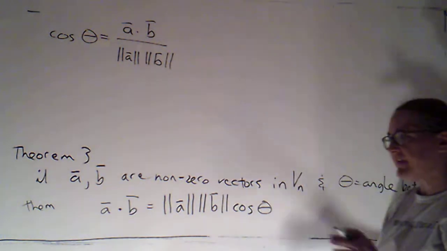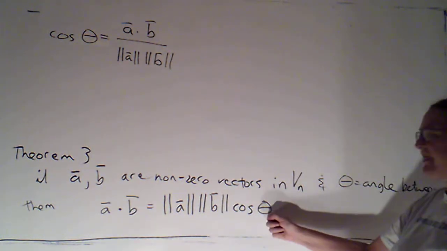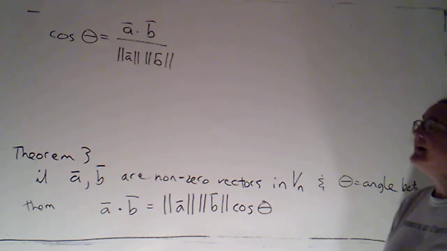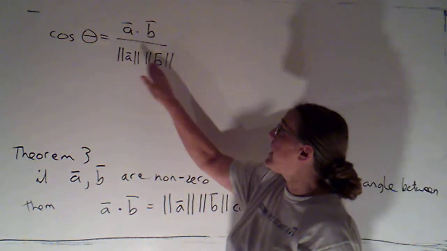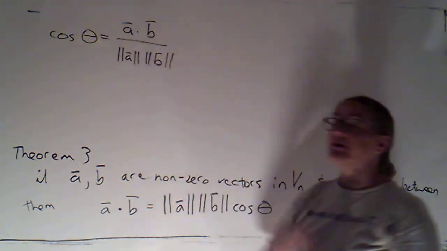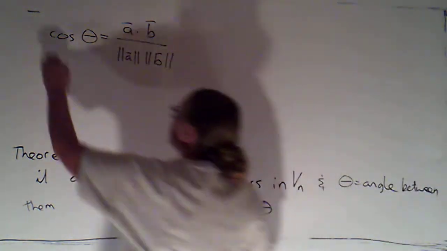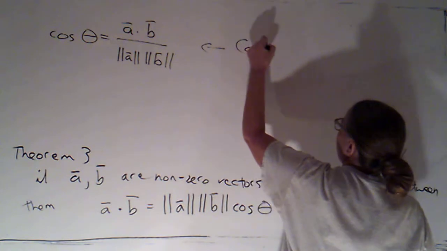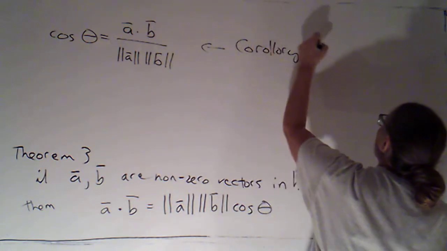If either one of them was the 0 vector, theta wouldn't be defined. This entire equation doesn't make sense. If they're both non-zero, then their magnitudes are non-zero, so it's totally fine to have that in the denominator. Okay. So this is just rearranging the formula that your book calls corollary 6.